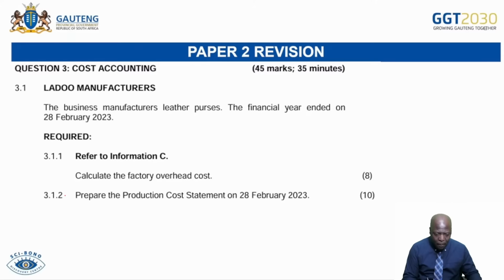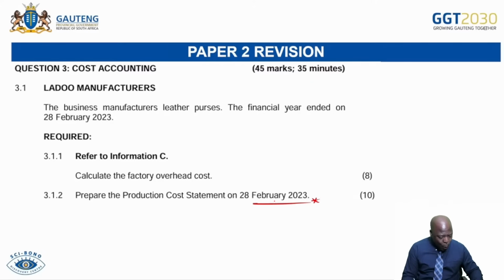In this question, the financial year ends on the 28th of February 2023. As you have seen in recent papers, the financial year can change. You can be tested on a financial year that ends in April, as you have seen in a paper. It can also be up to June, and it can vary depending on the examiner's decision.